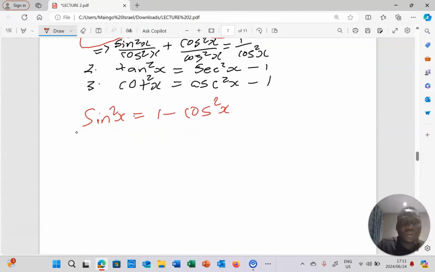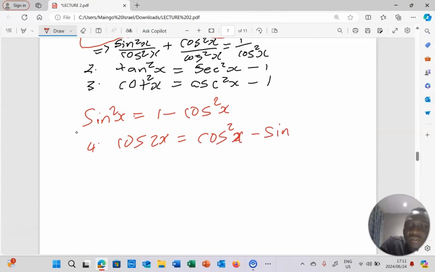We can have this thing, but we have double angles. Let's say it's number 4, which is the fact that cos of 2x equals cos squared x minus sine squared x. These are double angles. Where there is sine squared of x, we can substitute 1 minus cos squared of x. We can have cos squared of x minus 1 minus cos squared of x. When we distribute, we have minus 1 plus cos squared of x.